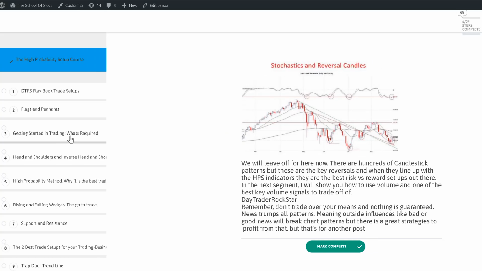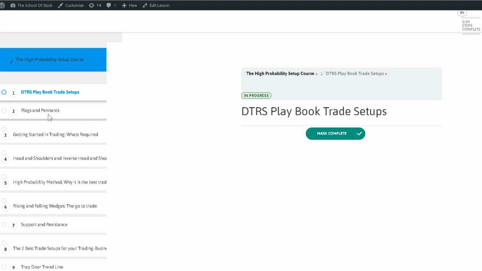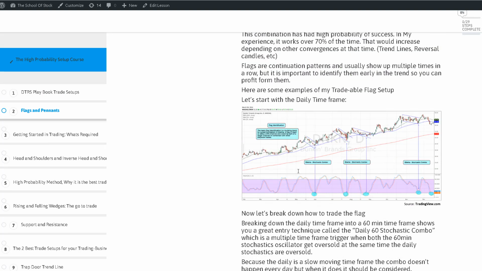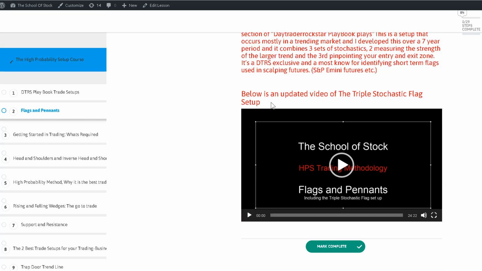Flags, pennants, just a lot of different lessons: the trapdoor trend line, best bet trading setup, support and resistance, rising and falling wedges, high probability method, why it's the best, getting started in trading, what's required, things on flags, my playbook, trade setups, the flags and pennants. And again, you'll see the charts there.